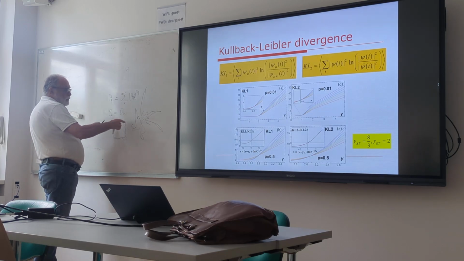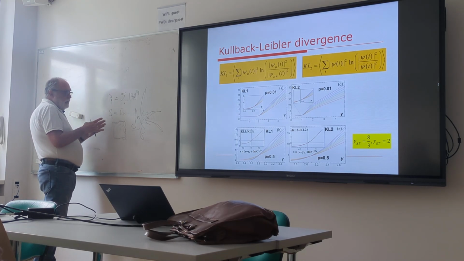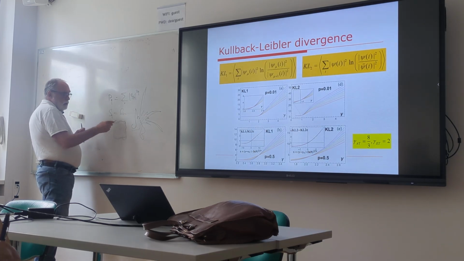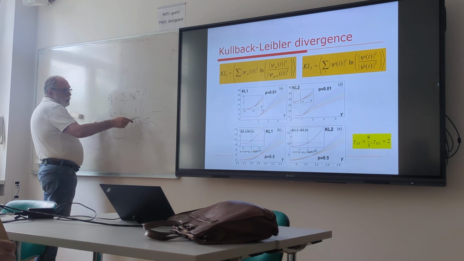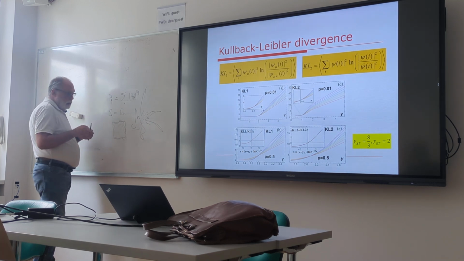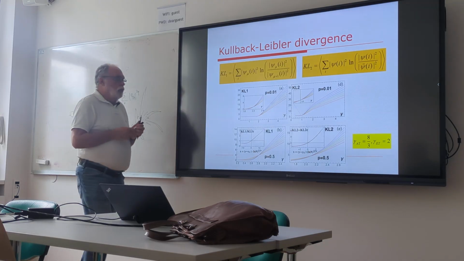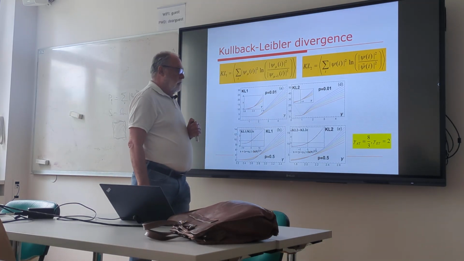So the only difference is that they overlap in the same way, but here they overlap taking the entire volume, and here they overlap only in the fractal support set. And therefore, we don't see this transition whatsoever.